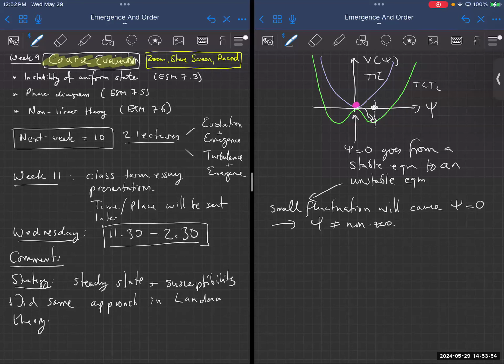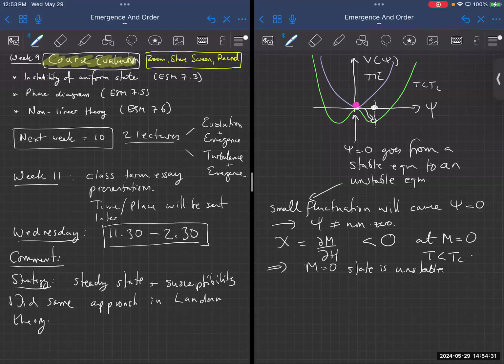And the thing that measured this was the susceptibility. If we look at the susceptibility, chi is equal to, say, dm by dh in the case of a magnet, this then becomes negative at m equals 0 for T less than Tc. And this negativeness means that the m equals 0 state is unstable.